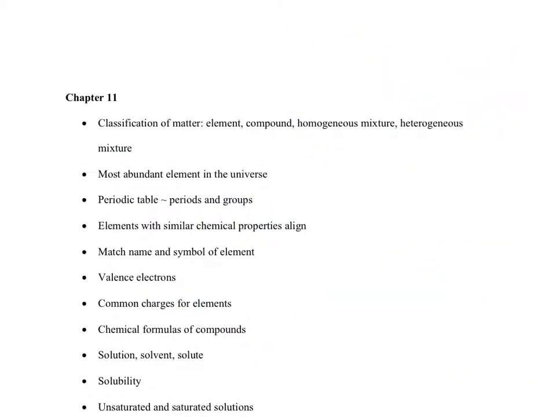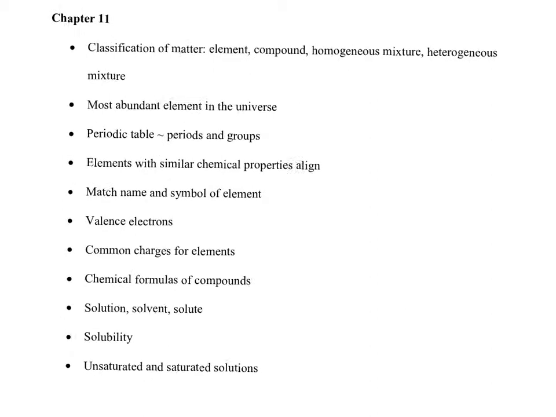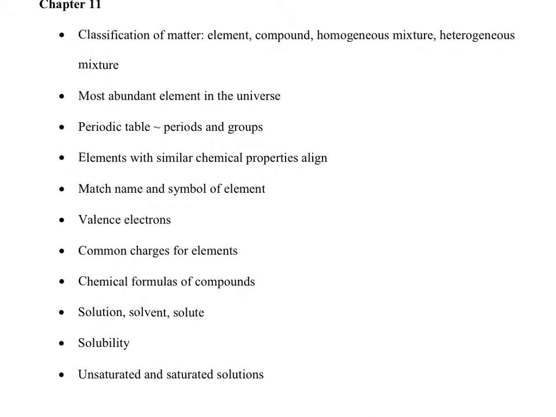Lots of stuff here. Remember how we've been talking a lot. If you can take matter, and it's like I call it a logic tree, and it's either pure or it's a mixture. And then if it's pure, you have two options.